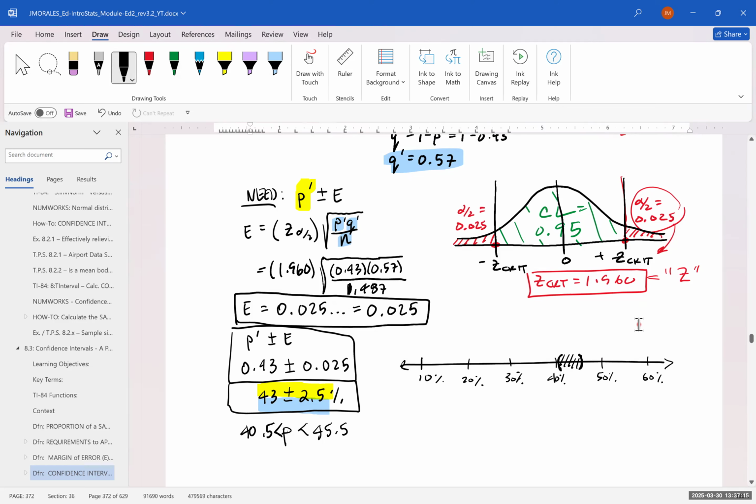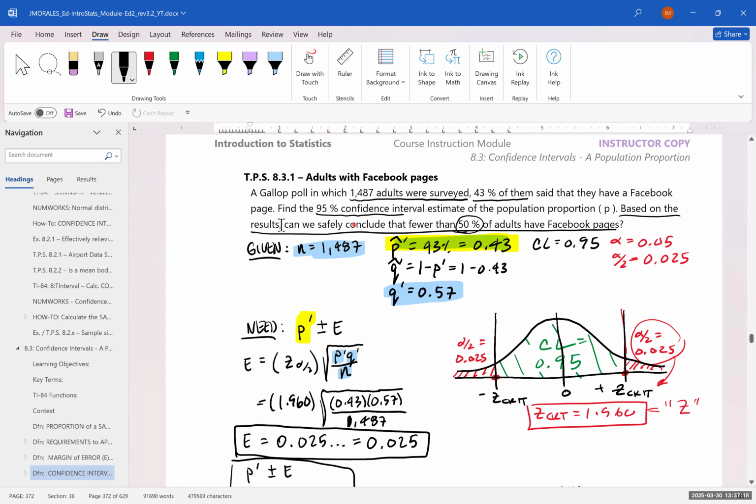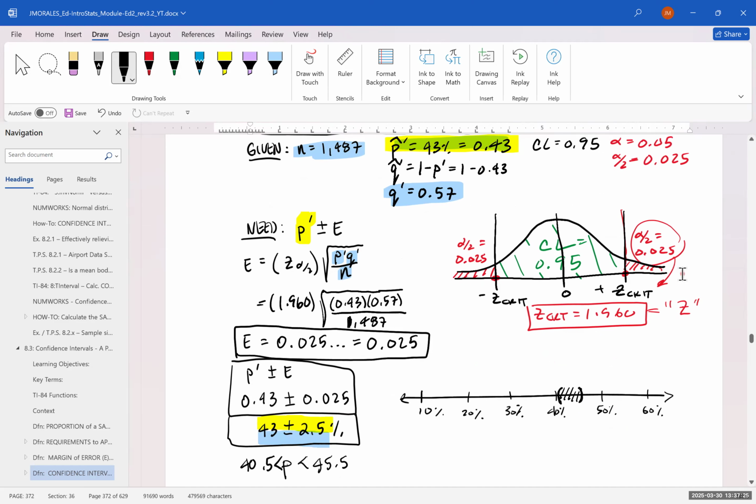So the question was, based on the results, can we safely conclude that fewer than 50% of adults have Facebook pages? So here's 50%. Can we safely say that fewer than 50% of adults have Facebook pages? Well, with a 95% confidence interval, our entire interval is below 50%.